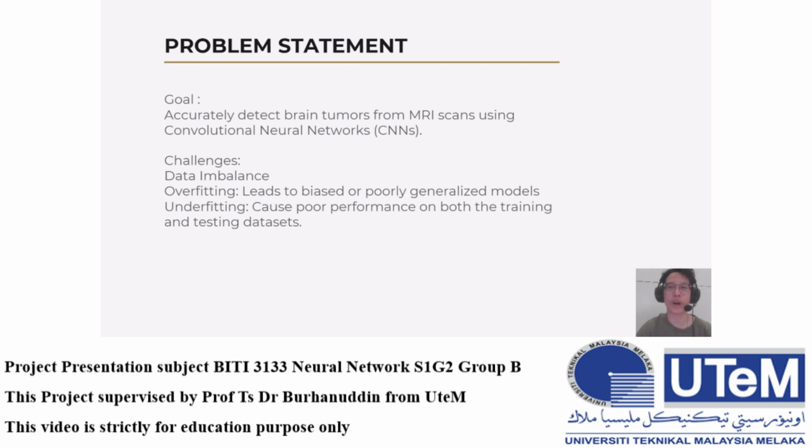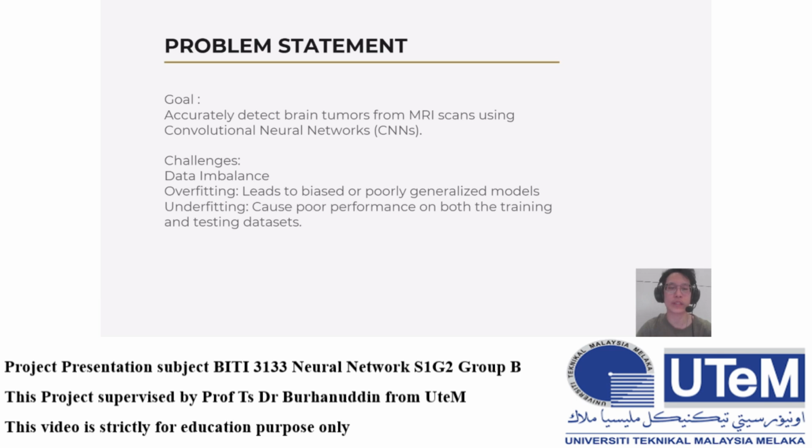The goal of our project is to detect brain tumors from MRI scans accurately by using CNN, which is convolutional neural networks. The challenges we face is data imbalance. To overcome it, we can make sure the data of every class is balanced by using resampling of the dataset.